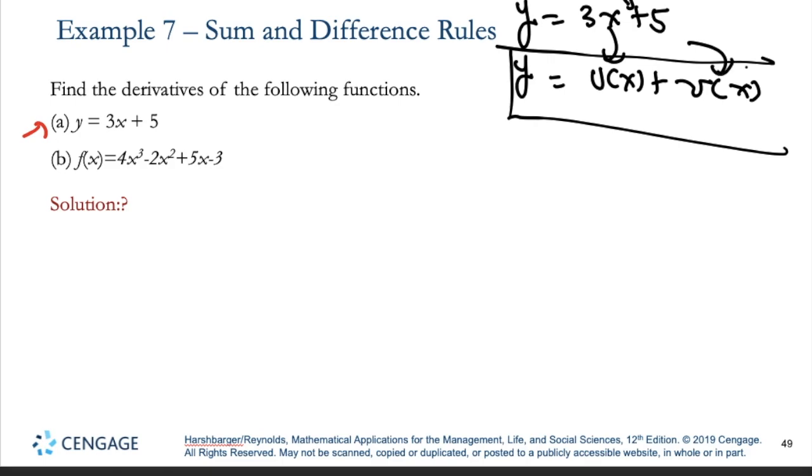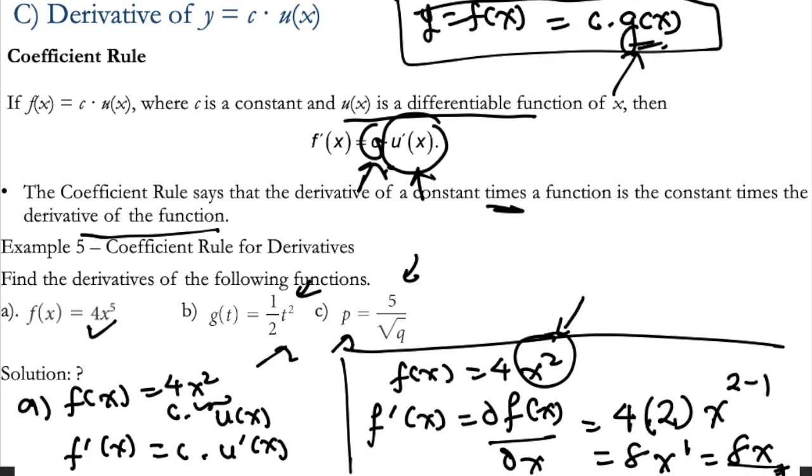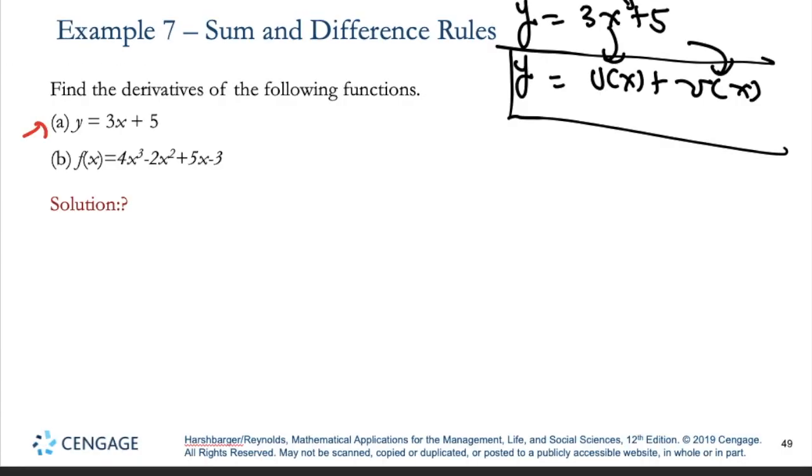You get me? So how are you going to find the derivative? For u(x), a constant times x, you can use the coefficient rule, because c here is a constant, a coefficient, or parameter; that's the term used. And for the v(x) here, what rule can you use?